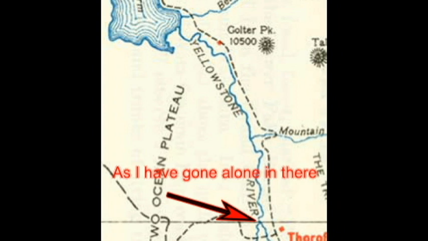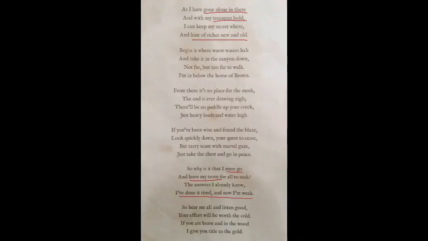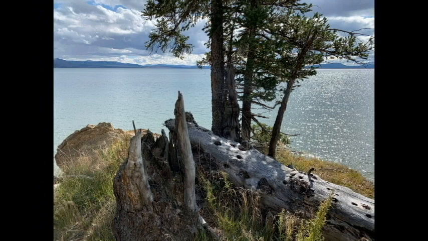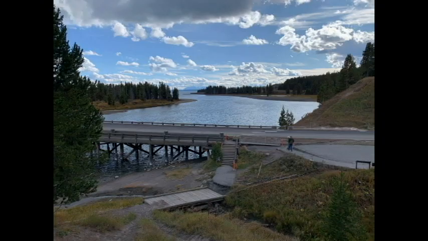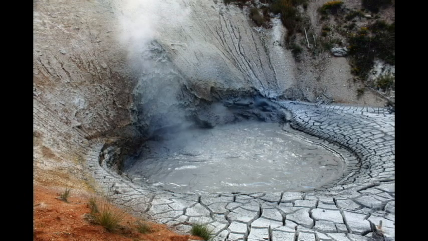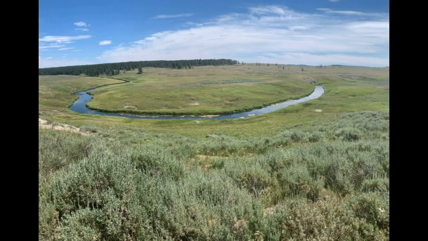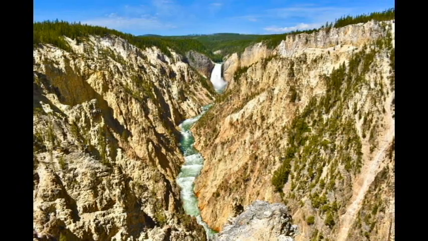As I've gone along in there, as you see, the Yellowstone River goes along as it enters the border of Yellowstone Park. And with my treasures bold, there's lots of treasures along the river, the lake itself, Fishing Bridge area, Mud Volcano area, and Sulphur Caldron, Hayden Valley, Grand Canyon, of course, with the two falls, and many more.